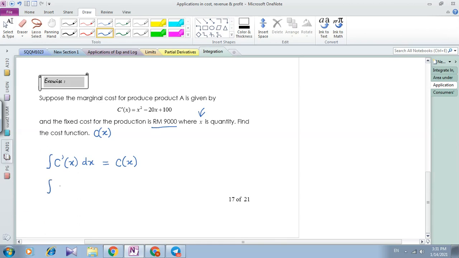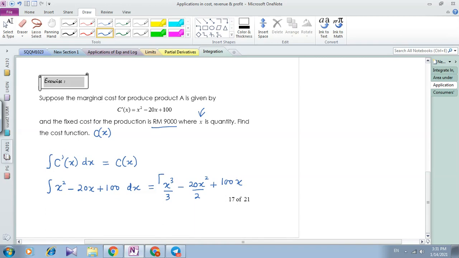Let's integrate x squared minus 20x plus 100 dx. Integrate x squared, we will get x cubed over 3. Integrate 20x, we will get 20x squared over 2. And the last term, 100x.